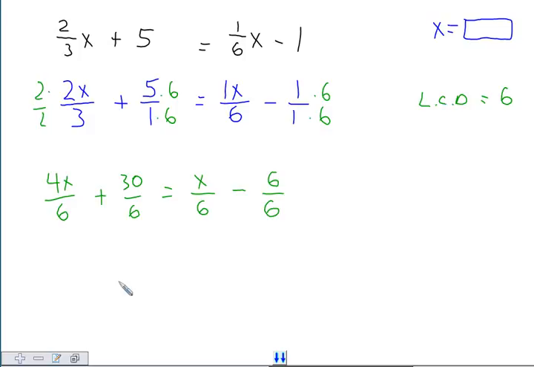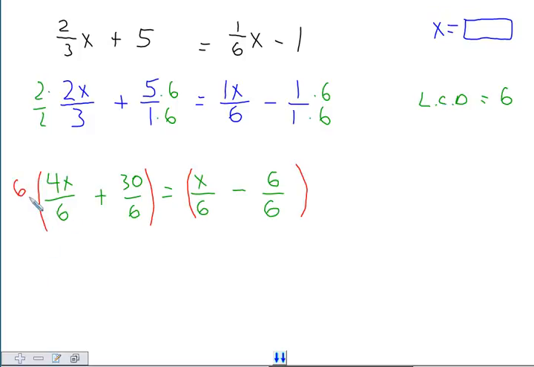So now I've written an equivalent equation where everything has the same denominator of 6. Well, the beauty of this is that if I multiply everything by 6 now, and I'm just going to temporarily write this in.